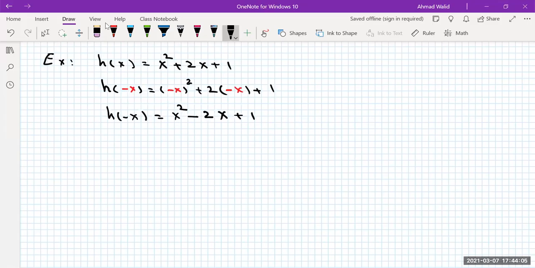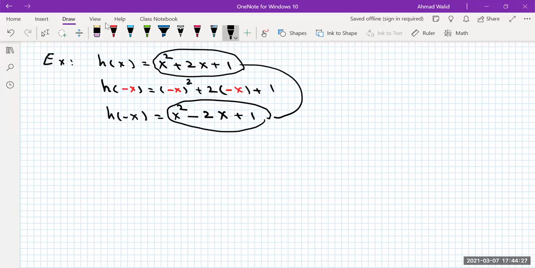Positive times negative gives you negative 2x plus what? 1. Here you cannot do anything more, right? Even if you want to take a negative common, it doesn't mean anything, because your first term is not negative. Now, compare the given equation with the resulting equation. They are not the same. You don't have both conditions.